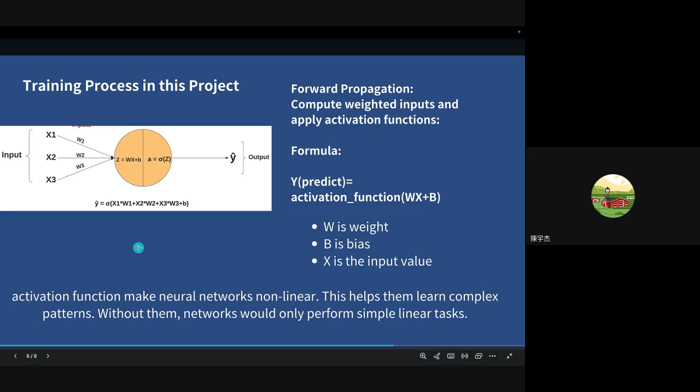And what is the activation function? It makes the neural network non-linear, which helps the model learn complex patterns. If we don't have any activation function, the network would only perform linear tasks.